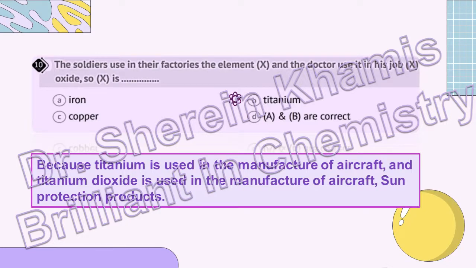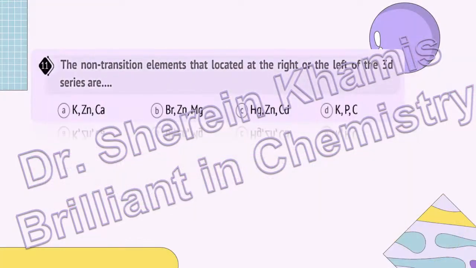Okay, let's go to question 11. Question 11 says that the non-transition elements located at the right or the left of the 3D series are. We have the 3D series, and at the left and at the right of the transition elements we have the representative elements. The representative elements belong to one of our choices here.